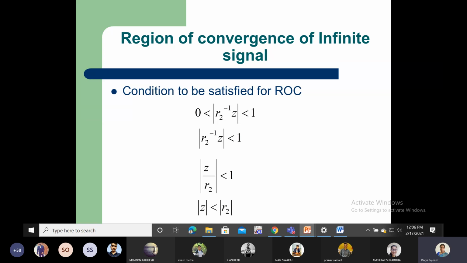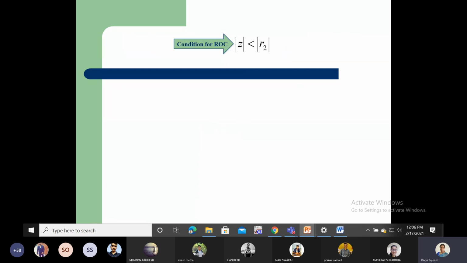Now how do I define this? r2 is a circle of radius r2 in the z plane, and the z value should lie within that range. That means it will be the interior of the circle r2. Earlier it was the exterior of the circle r1 in the previous case. Now it will be the interior of the circle.